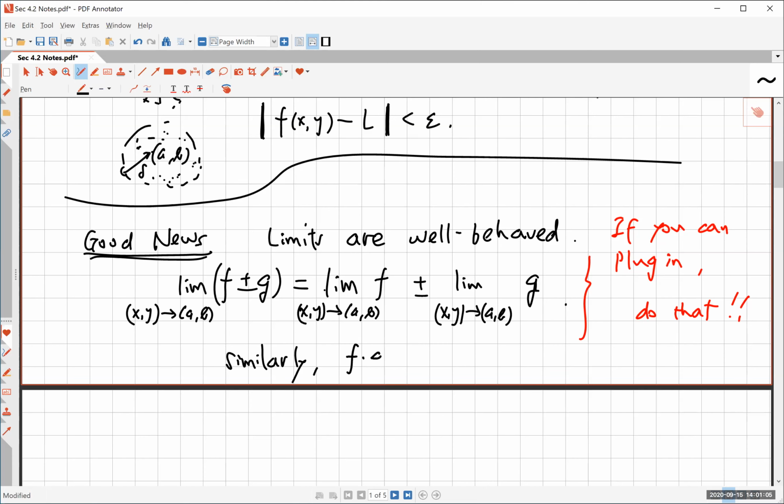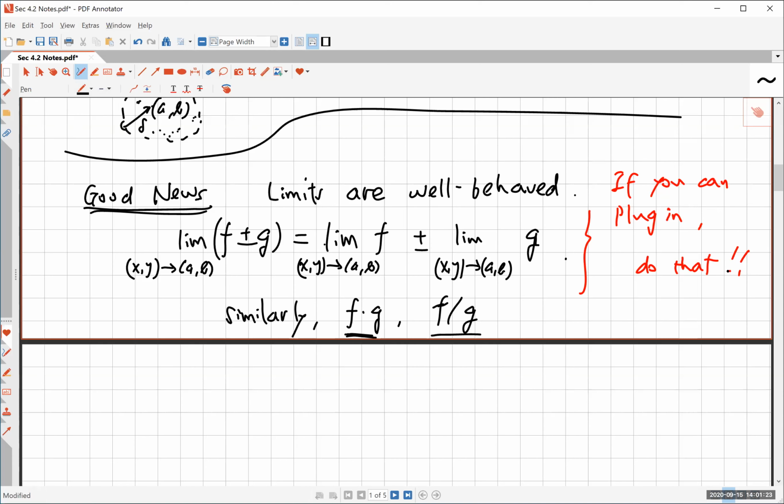Similarly, this is true for the product and the quotient, as long as the denominator is not equal to 0. So these will say, and like this one would say the limit of a product is the product of the limits, and this one is the limit of a quotient is the quotient of the limits. You can almost write a song with those 4 lines as the first 4 lines of your lyrics, right?